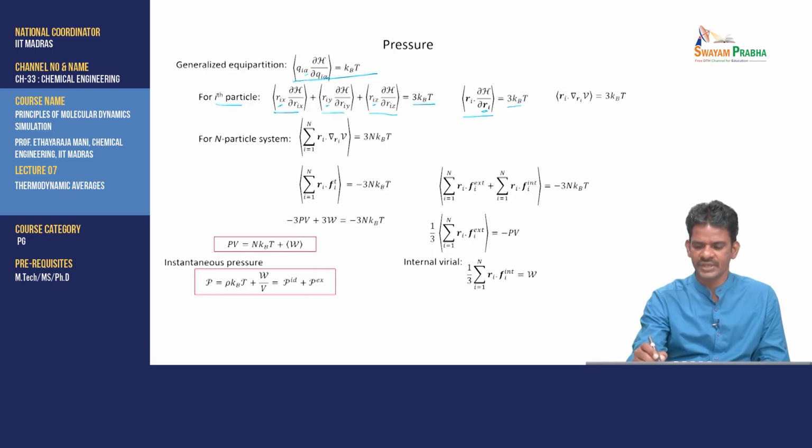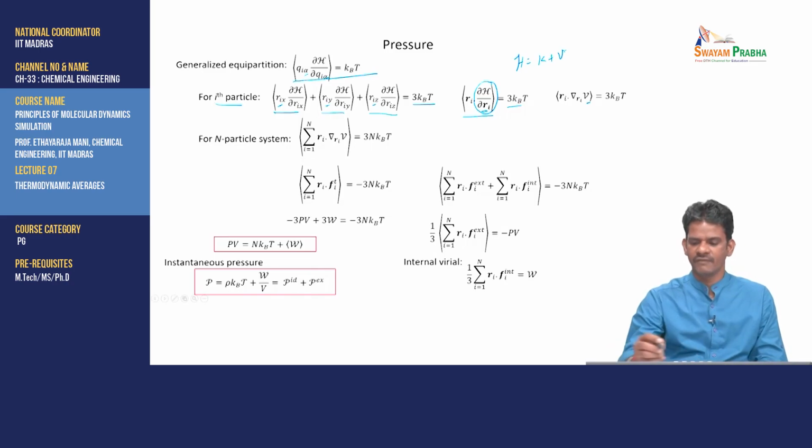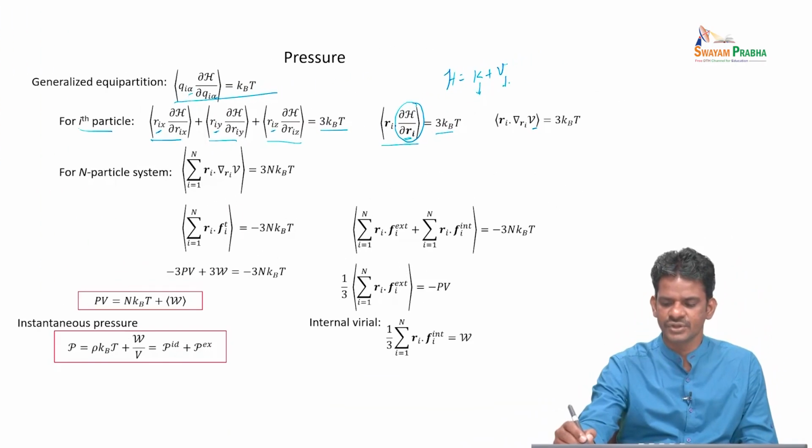So now you can also write this particular expression in terms of the gradient of the potential energy, because we know that H is equal to K plus V, where K is a function of momentum and V is a function of coordinates. So the kinetic term will not survive in the partial derivative here, only the potential term remains.